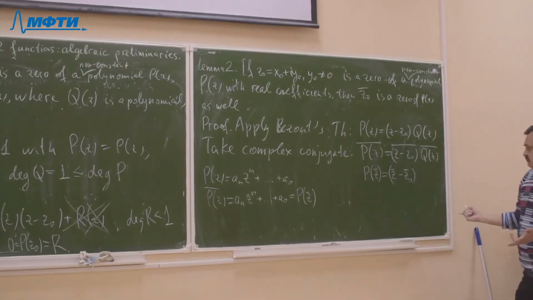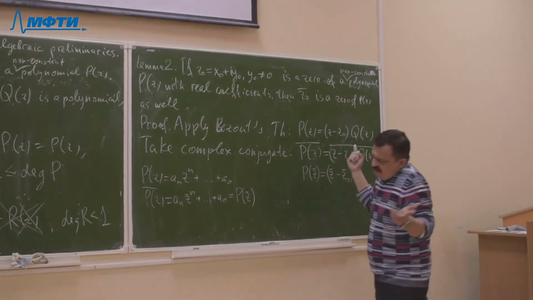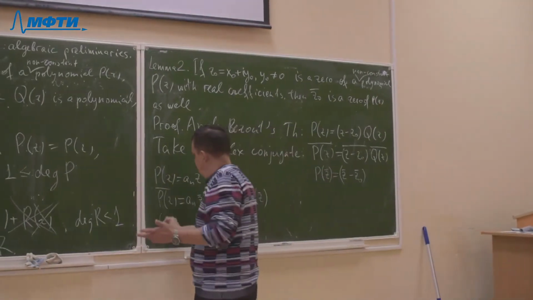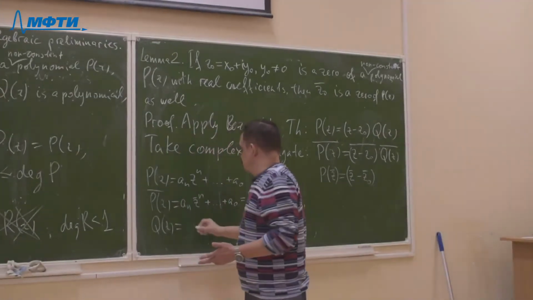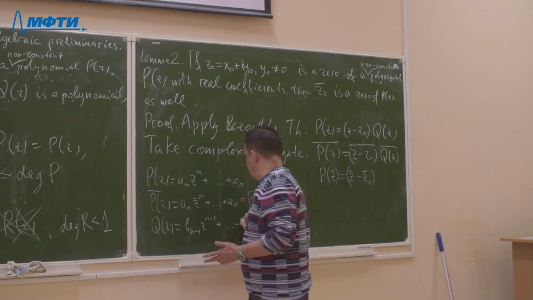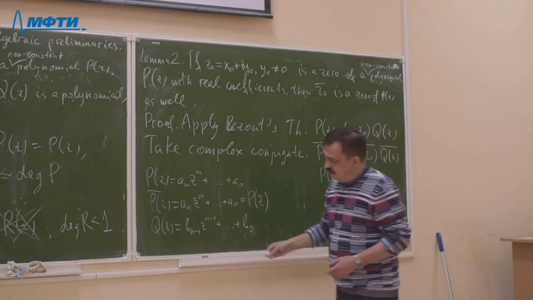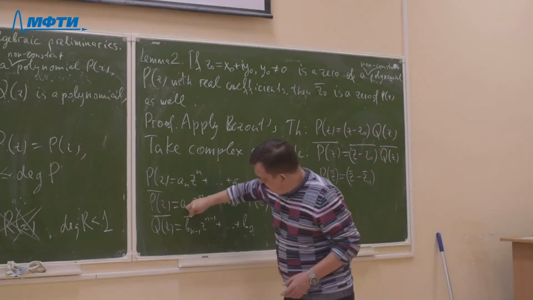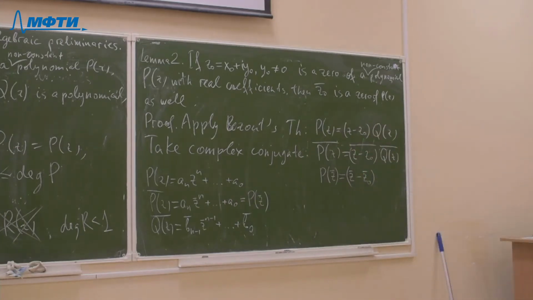And what is it? For q, it's another story. That is some polynomial, I don't know. In fact, it has degree n minus 1, so b n minus 1, z to the n minus 1 plus so on plus b naught. And if we take a conjugation, then what we obtain? We should put complex conjugation over each term, right?